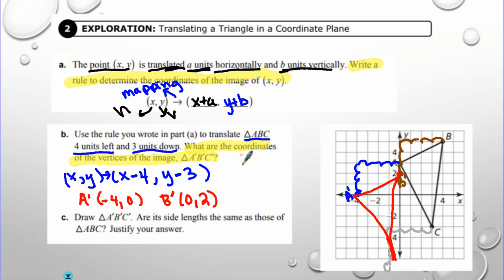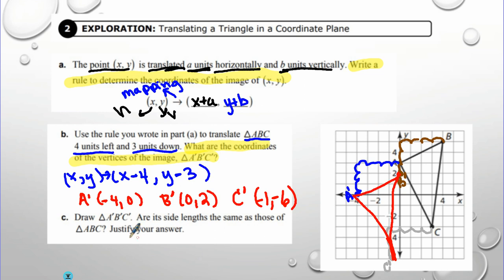That's because it asked me for the coordinates of those vertices. And then C prime, down here, looks like the X is -1 and the Y is -6. And we are finished with that question.